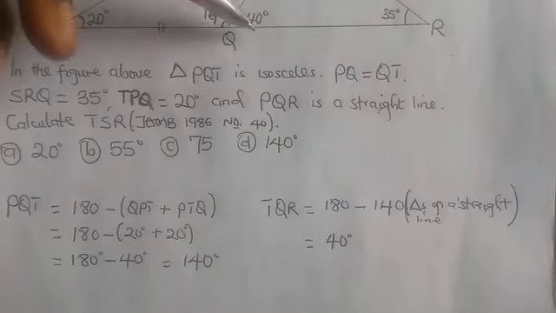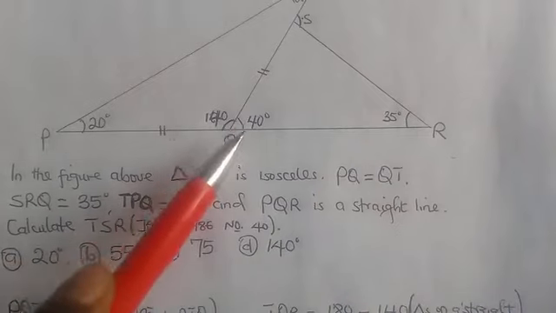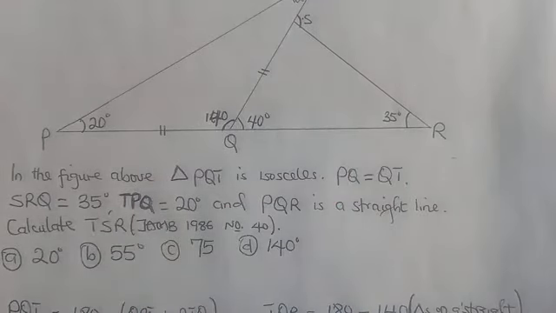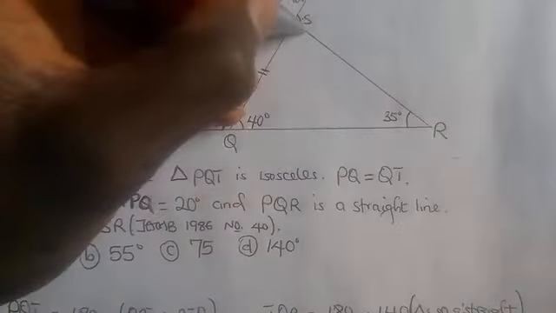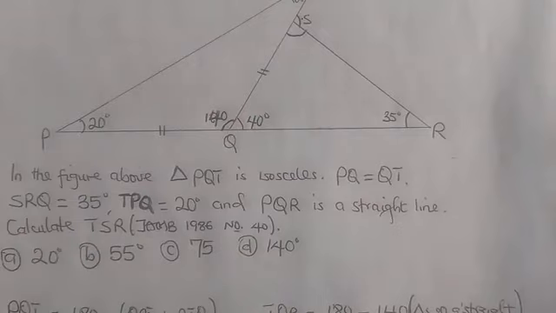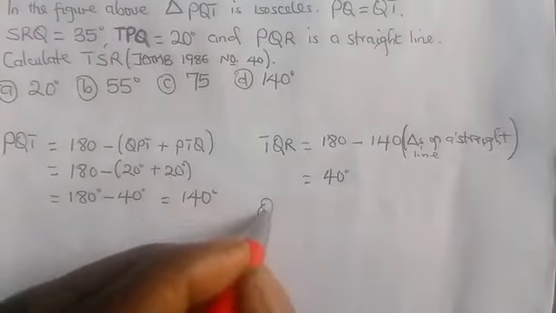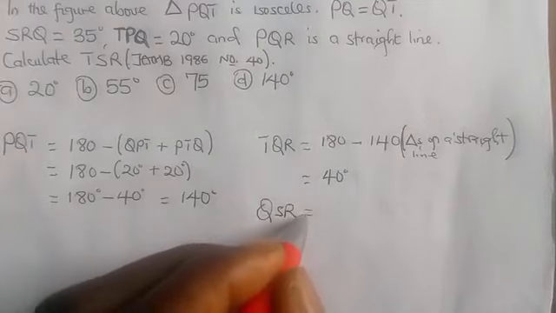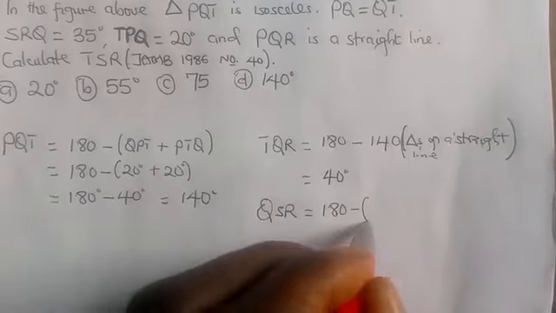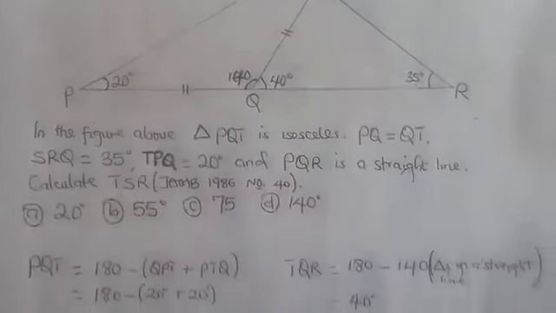Now that we've gotten this angle, look closely again at this triangle. This is 40 degrees, this is 35 degrees. QSR is not yet known, this angle here. So for us to get QSR, it is going to be equal to 180 minus this 40 degrees plus this 35 degrees.